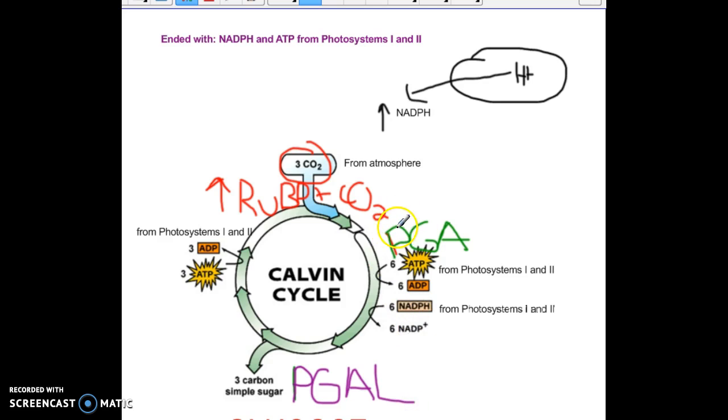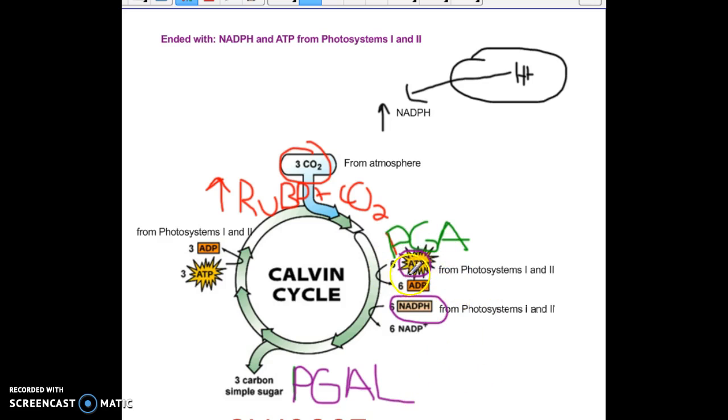So I need to move from PGA to PGAL, and in order to do this, I need a little bit of ATP and a little bit of NADPH. Well, where did I get those from? I got those from photosystems 1 and 2. Remember, those were the products of the reaction. Now they're the reactants of the next reaction. So I need these in order to build up PGAL from PGA.